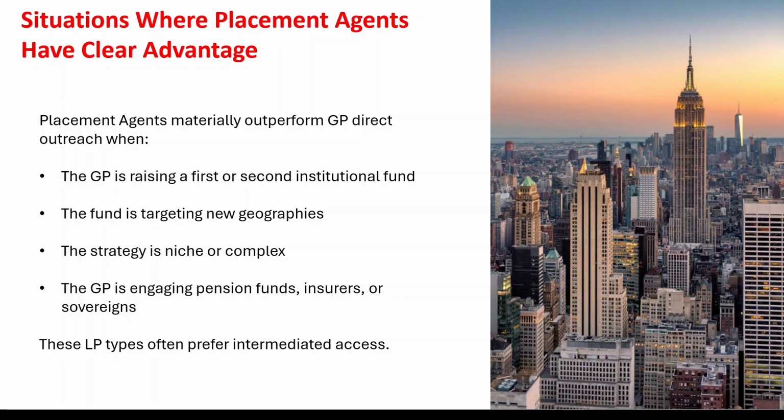But when it comes to going to Asia and the Middle East, a lot of times you're going to need a little bit of help, especially if it's your first time. If the strategy is niche or complex, that's when you're going to need a PA to get involved. Or if the GP is engaging pension funds, insurers, or sovereigns, these types often prefer intermediated access.